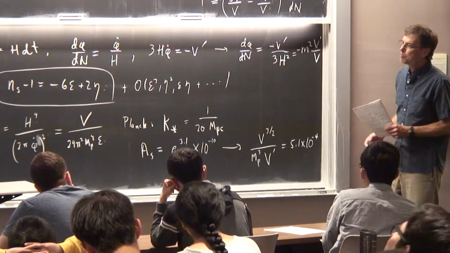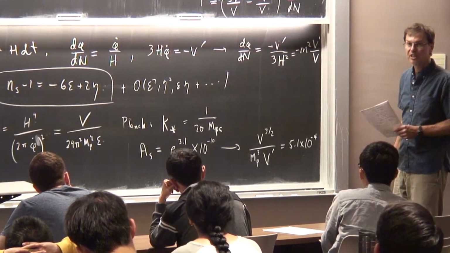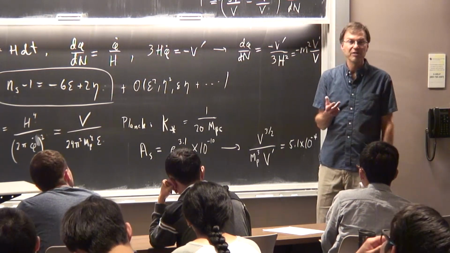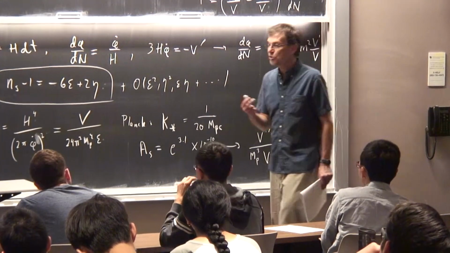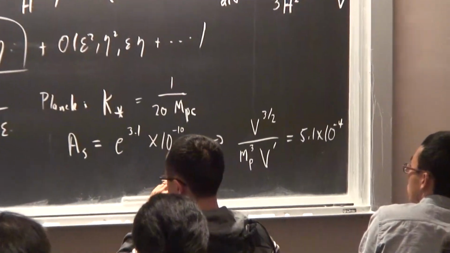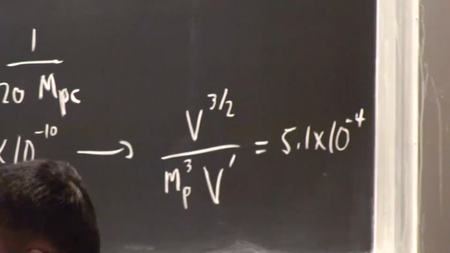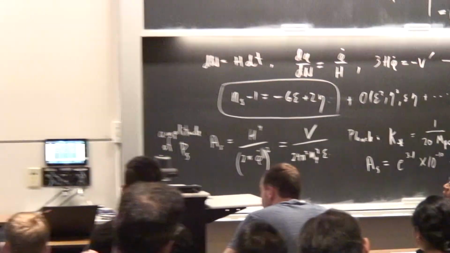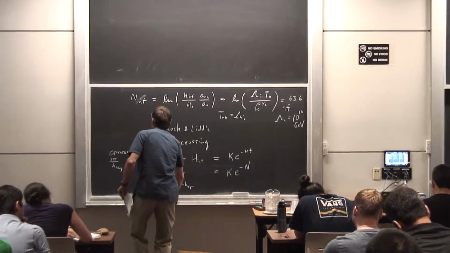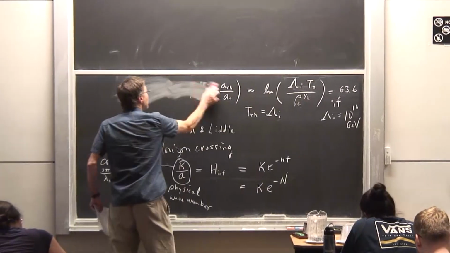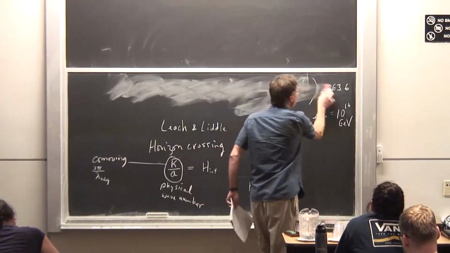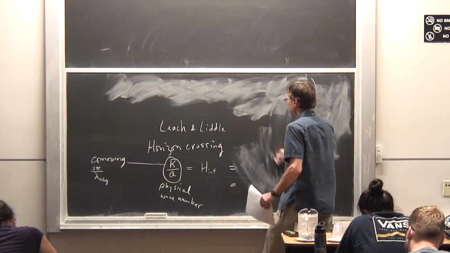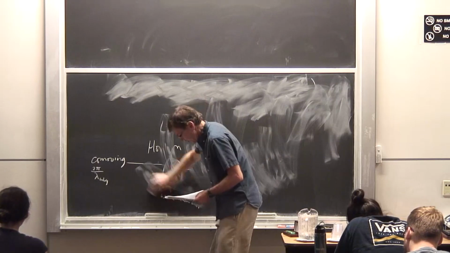Okay, now so far we've just been talking about scalar perturbations, but there's also gravity waves, and those are known as tensor perturbations. The graviton also gets excited during inflation, and again we'll come to this in a little bit, how these quantum fluctuations arise. But I'm just going to tell you what the effect is first.